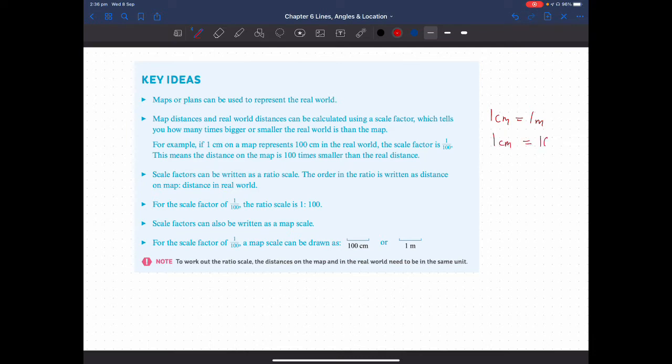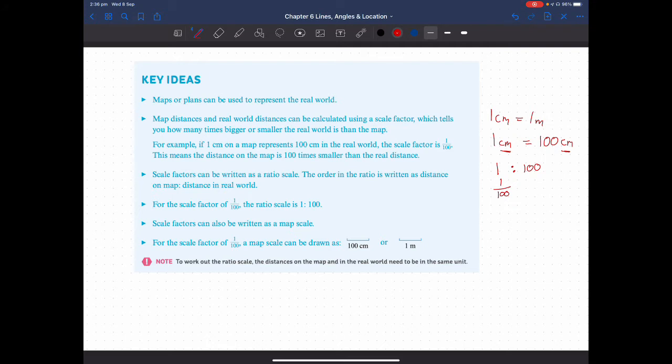That is 100 centimetres, because there is 100 centimetres in 1 metre. Now that they are in the same unit, centimetres, that is a scale that can be written as 1:100 or 1/100.